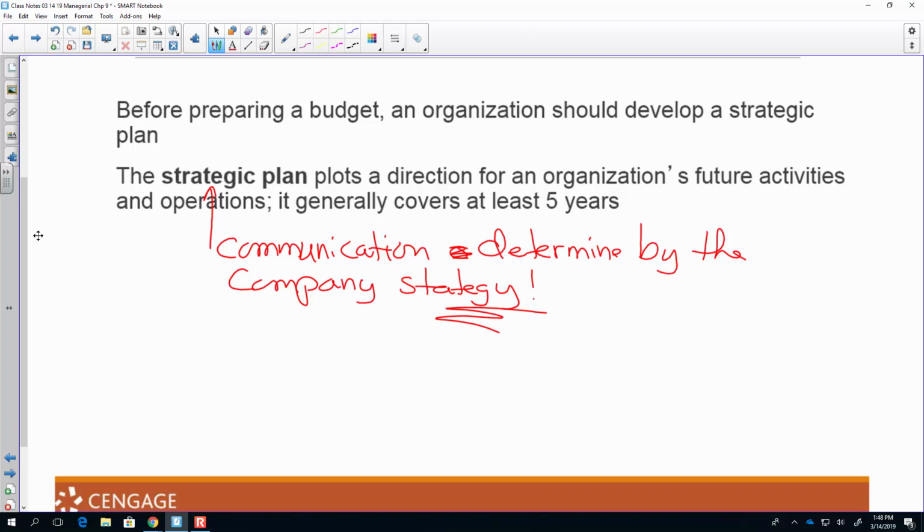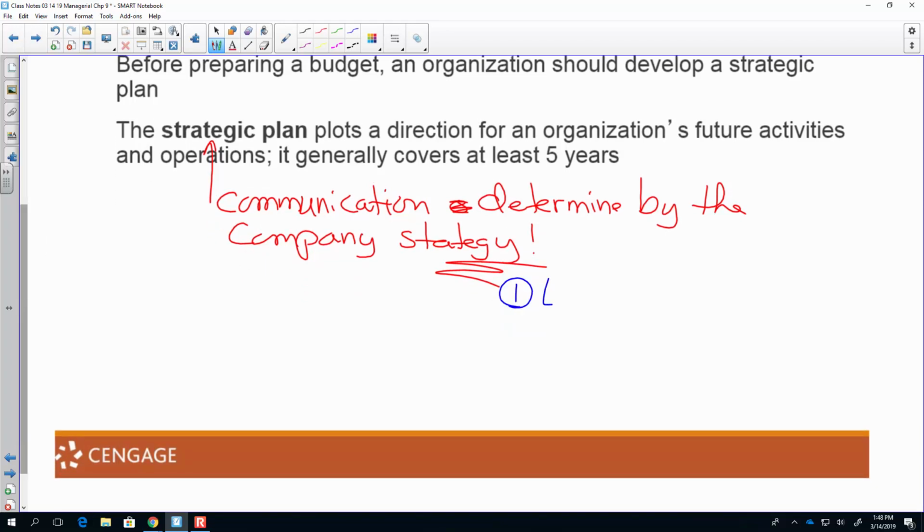And the book talks about different strategies. I can't seem to see it, so I'm just going to write it.